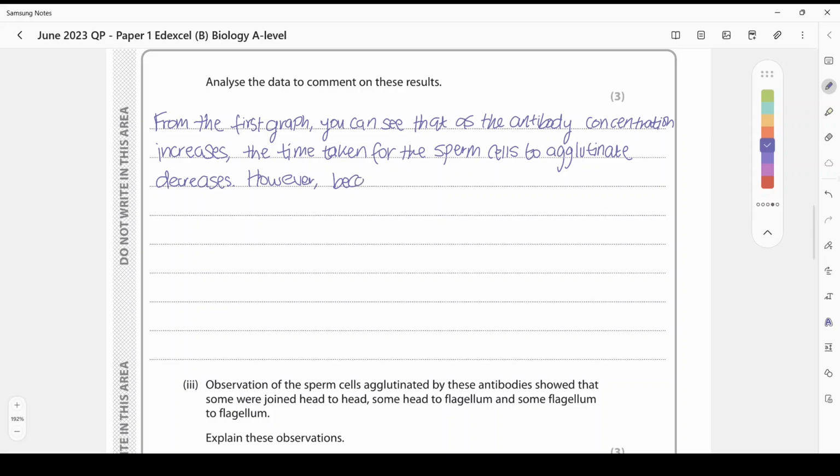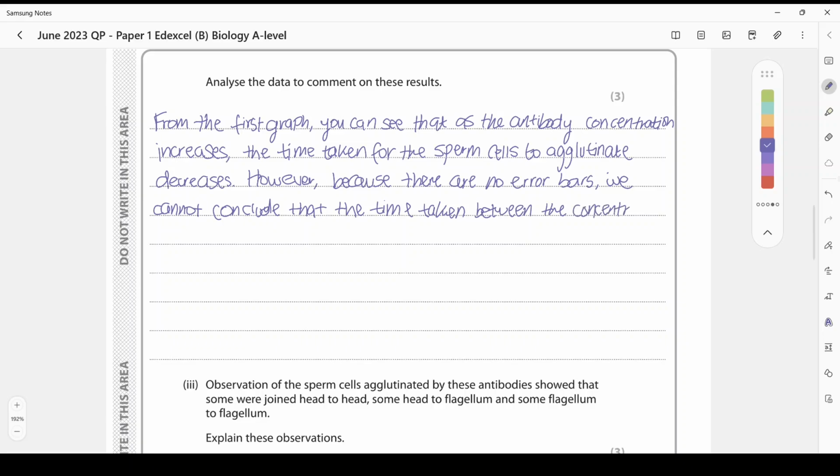However, because there are no error bars, we cannot conclude that the time taken between the concentrations is statistically significant.